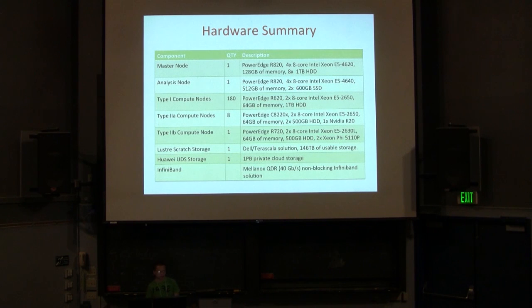The interconnect we use for our cluster is called InfiniBand. I'm not sure whether you have heard about InfiniBand at all. It's a network fabric that is very fast. The generation we use is called QDR. It's 40 gigabits per second. And the really nice thing about InfiniBand is that the latency is really, really small. For the product we use, the latency is 3 microseconds.